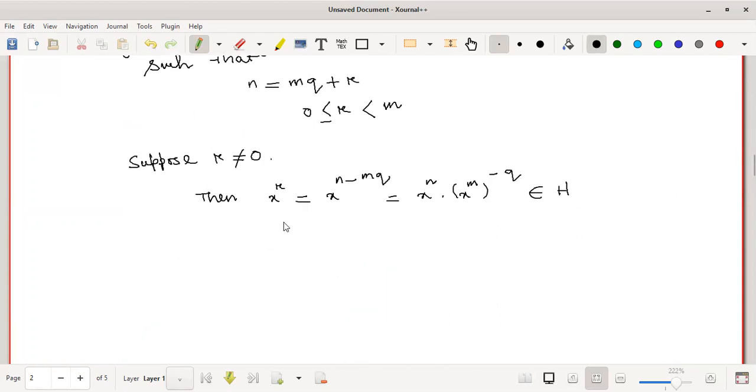So if x to the power r belongs to H, this implies r belongs to S and r is strictly less than m.